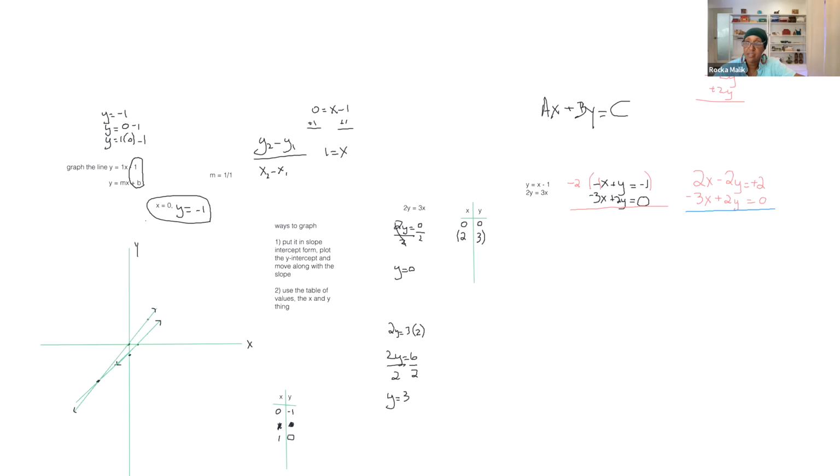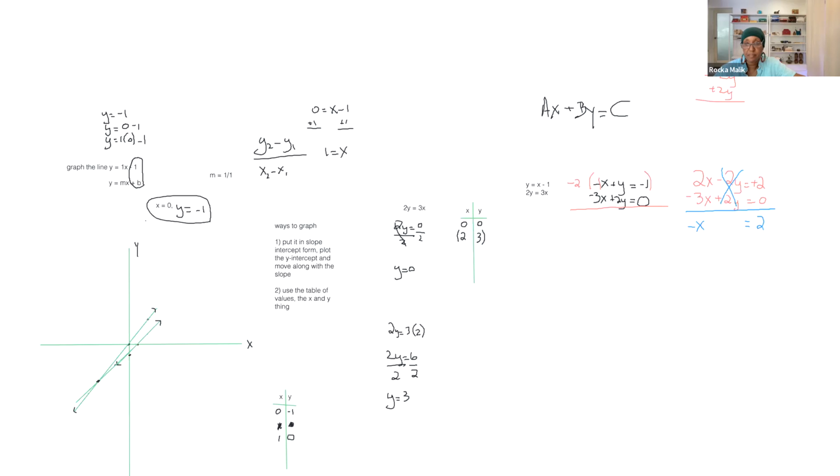Okay, so when I add these, I have 2 minus 3x, which is a -x, minus 2y plus 2y, that thing is gone. This whole thing is gone, it's out of here. Equals 2 plus 0.